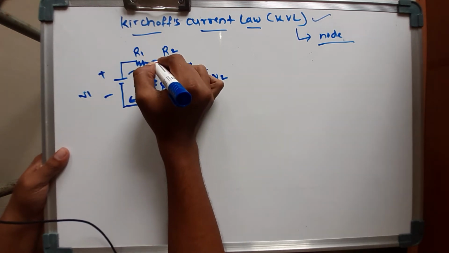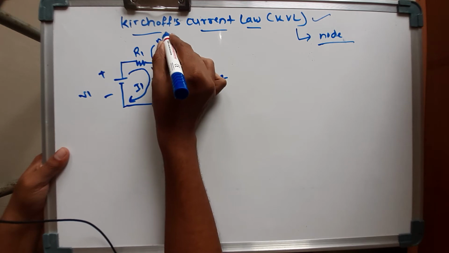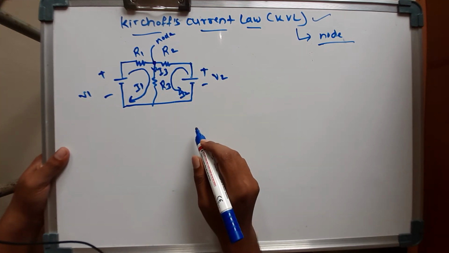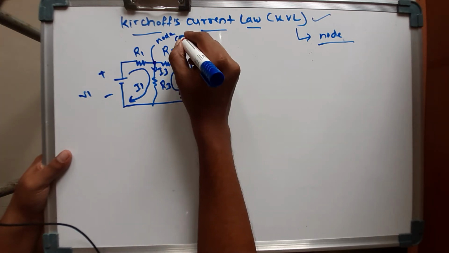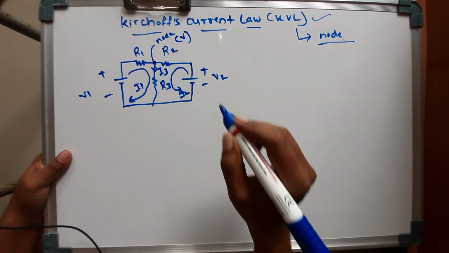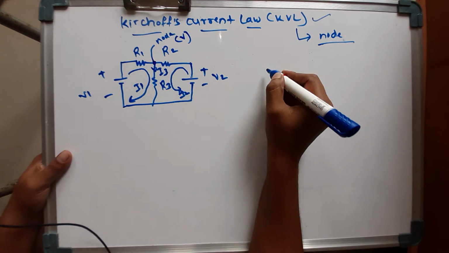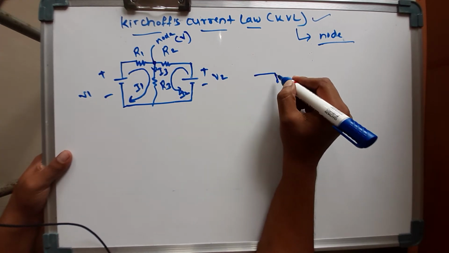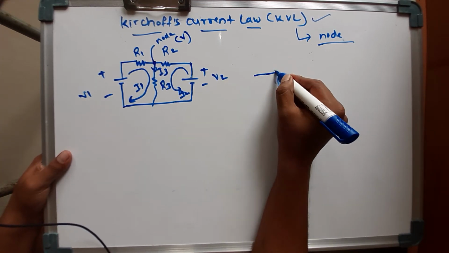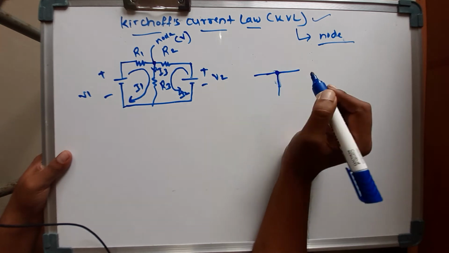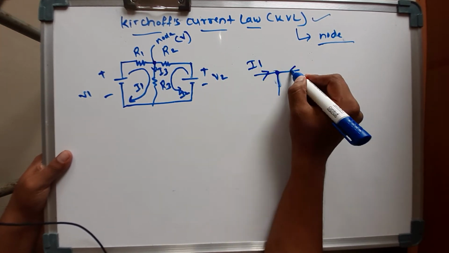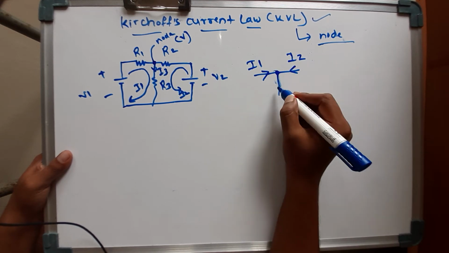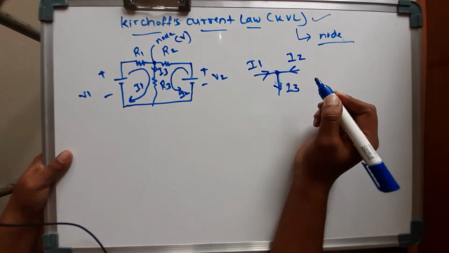So for this node we have to apply the KCL, that is Kirchhoff's current law. For this I will mention the node voltage as V. So this is a node. From this side I1 is coming, from this side I2 is coming, and from this side I3 is leaving.